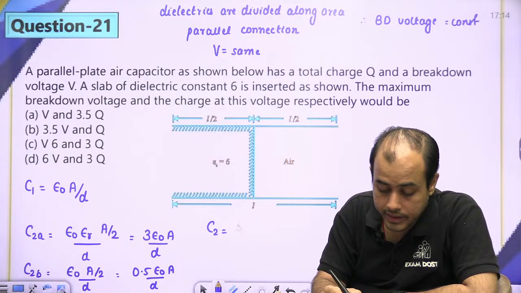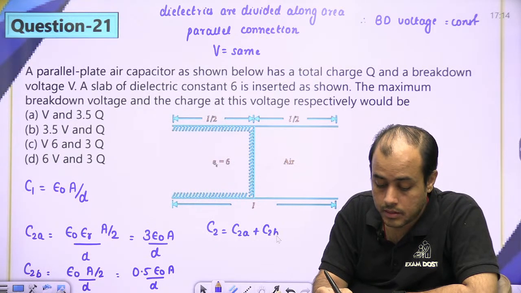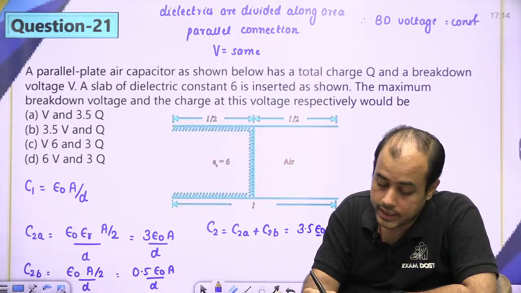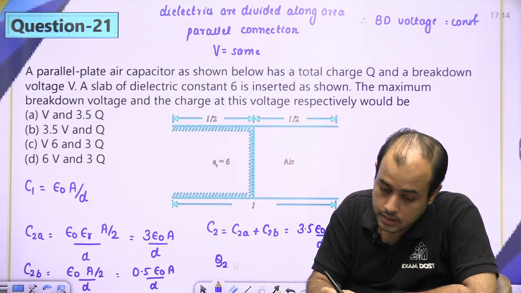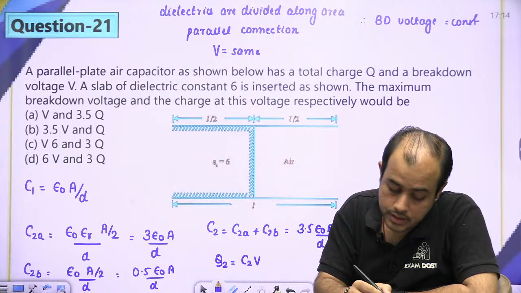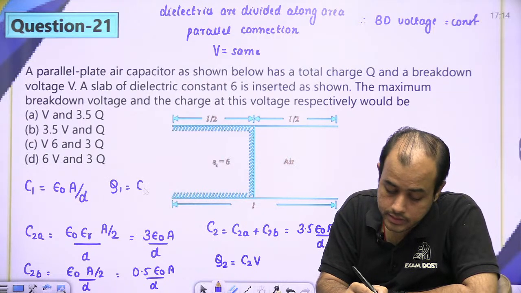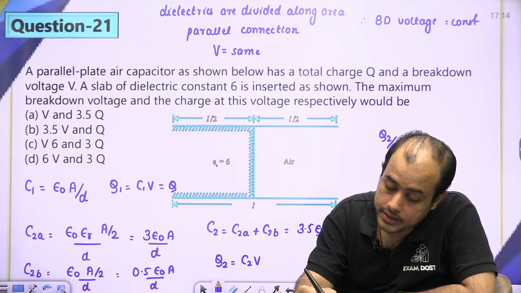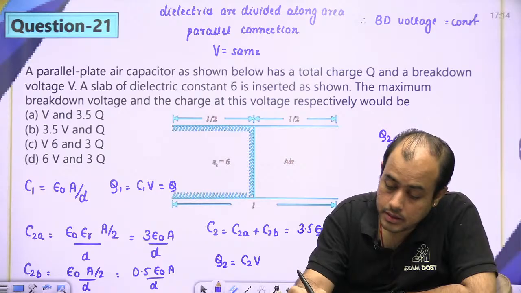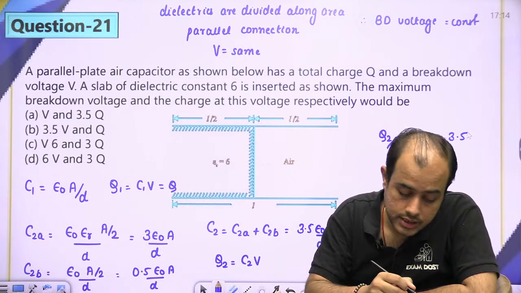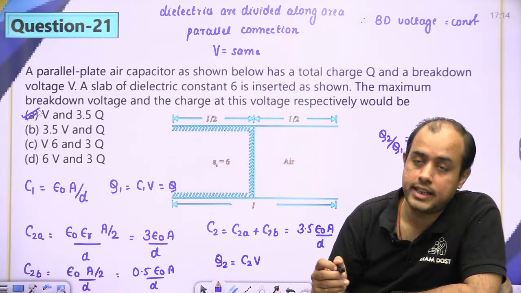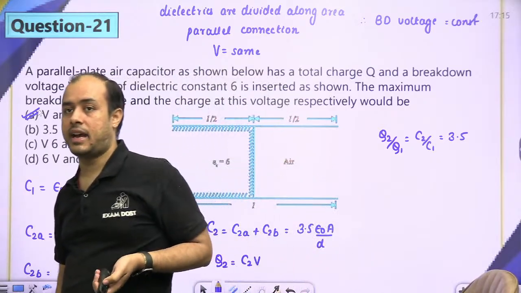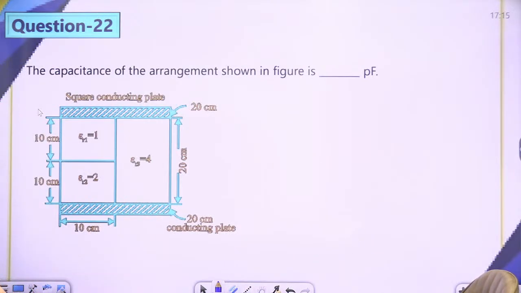Now I have told that the voltage will remain the same. Q2 will be C2V, Q1 will be C1V. So Q2 by Q1 will be C2 by C1, that is 3.5. So charge will become 3.5 Q, voltage will remain the same. Charge becomes 3.5 times because of capacitance, but voltage will be the same.